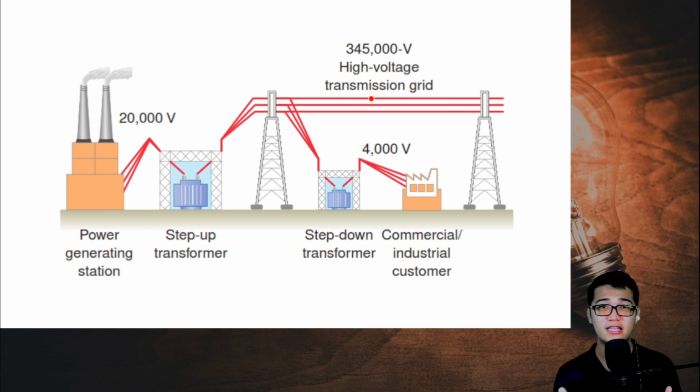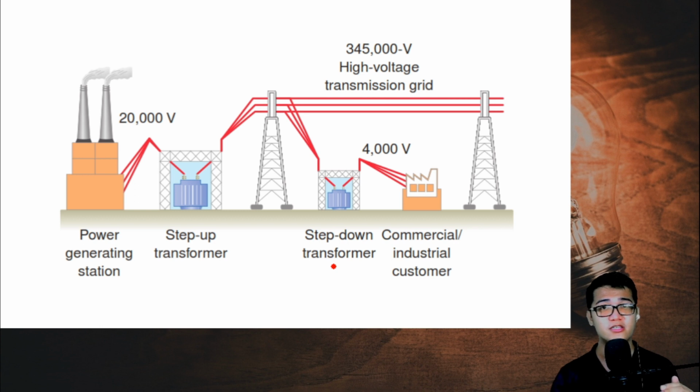That is why we preferred to raise the value of the voltage instead. Therefore, it's 345,000 volts. And this is the voltage that passes through our transmission lines. Now, along the way, okay, our power substations will tap these lines, and then it will actually step down the voltage.